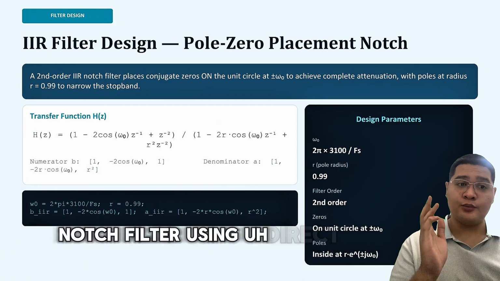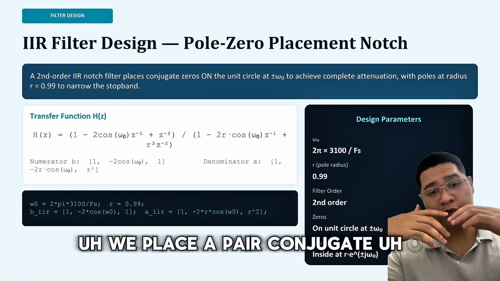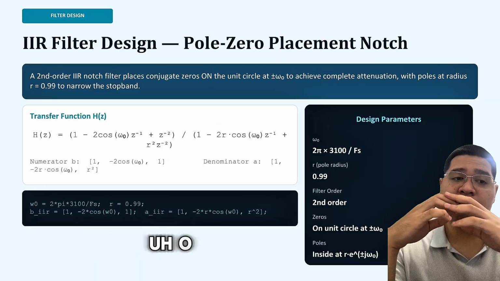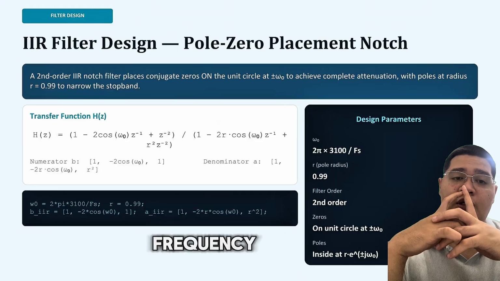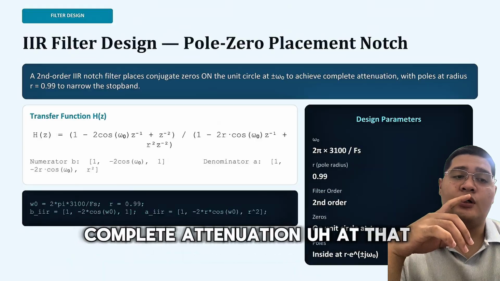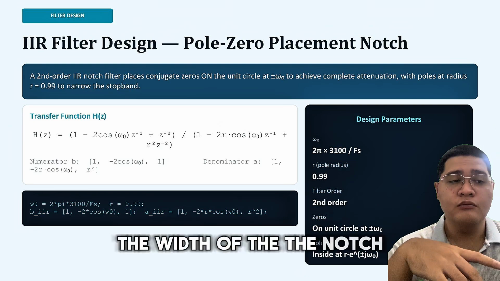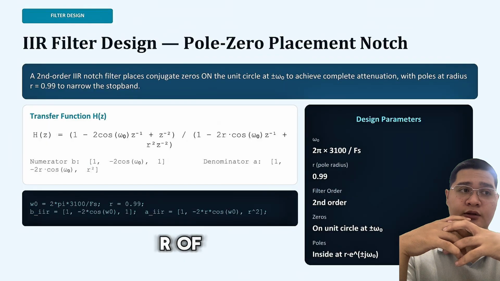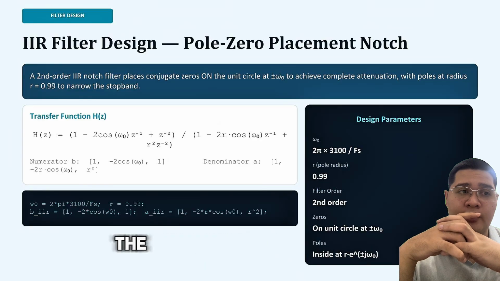Our second approach was a second order IIR notch filter using direct pole-zero placement. The idea here is elegant. We place a pair of conjugate zeros exactly on the unit circle at the target frequency omega 0, which equals 2 pi times 3100 divided by the sampling frequency. Zeros on the unit circle produce theoretically complete attenuation at that frequency. To control the width of the notch, we place the poles slightly inside the unit circle at a radius r of 0.99.